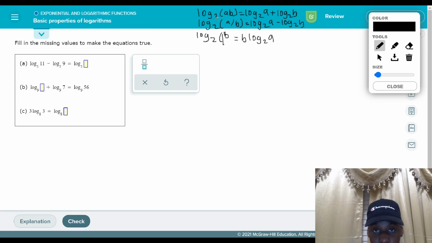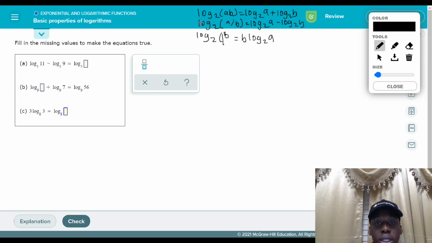So let's say we're given log 2 of a times b. This is the same thing as log 2a plus log 2b. Wherever you see log 2a plus log 2b, that's the same thing as log 2 of a times b. Once again, you can use any logarithm you want. It doesn't matter if it's 2 or 5 or whatever.